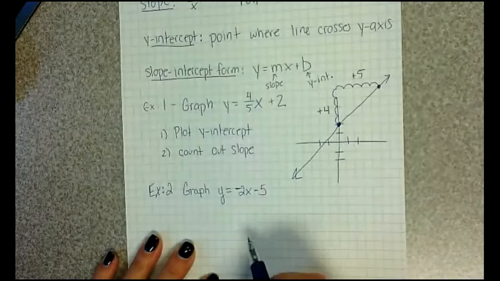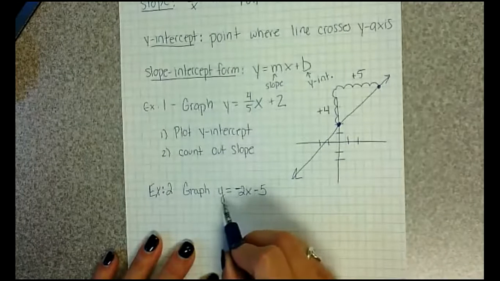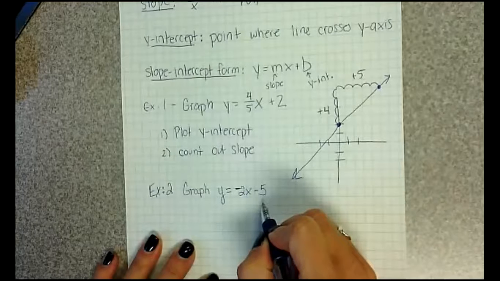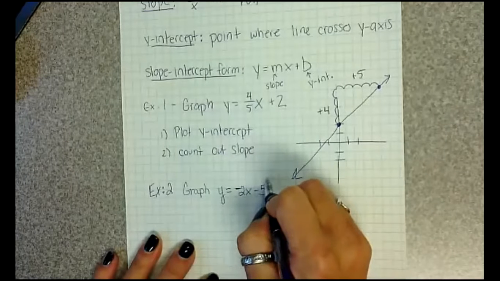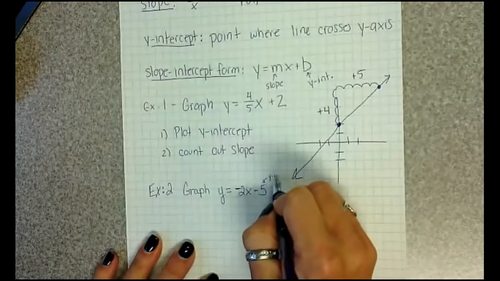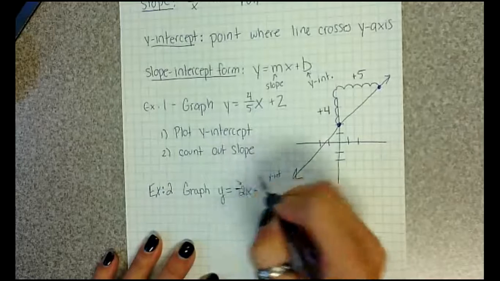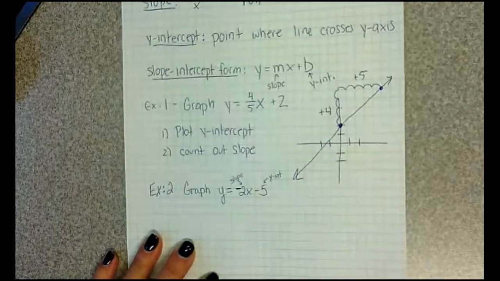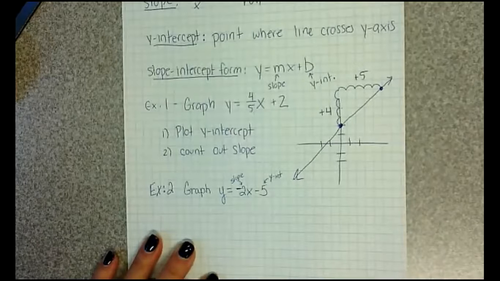So I always suggest you look at the equation, make sure it says y by itself, and then look for your m and your b, or your slope and your y-intercept. So this is my y-intercept. The one next to x is always your slope. I like to find those before I start graphing.